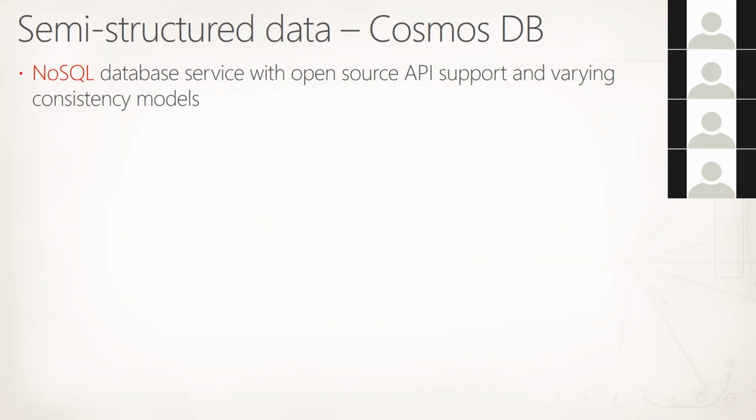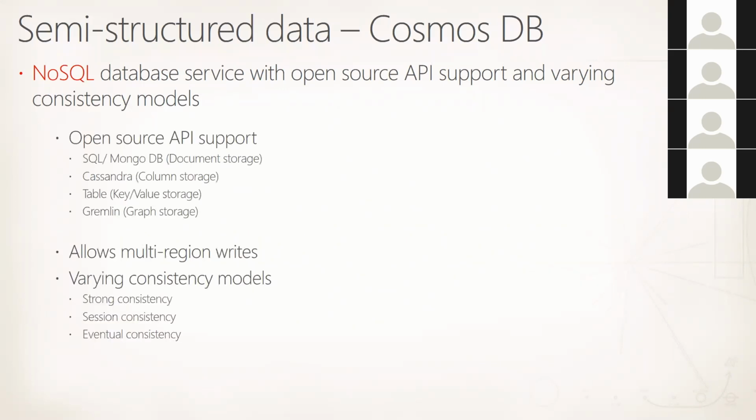When we create the database, we can specify what sort of API we need, whether we need a normal document API, or maybe column storage, or key value pair. We can specify when we create the database, and it has varying consistency models.